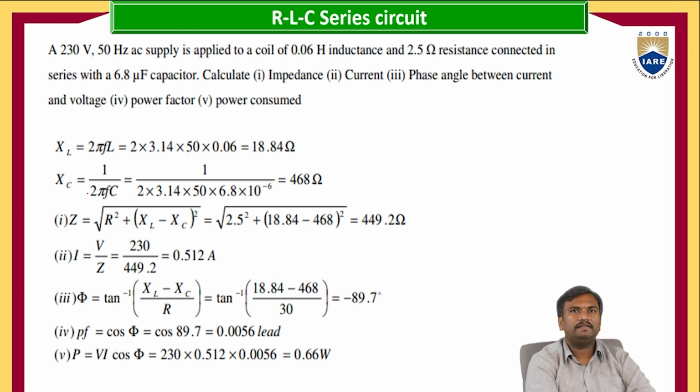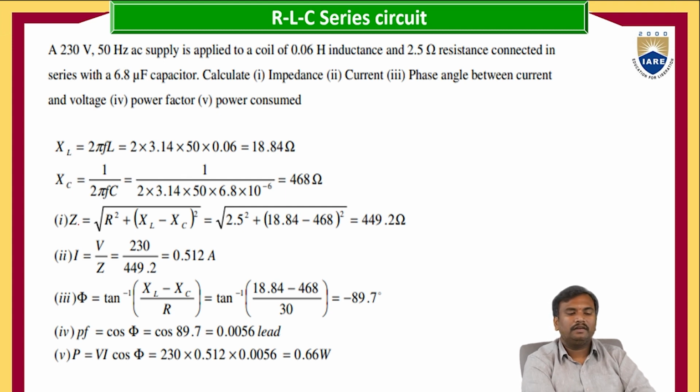And XC is equal to 1 by 2 pi FC, which is 1 by 2 pi into 50 into 6.8 into 10 to the power of minus 6, and here we get 468 ohms. Here the capacitive reactance value has higher magnitude.